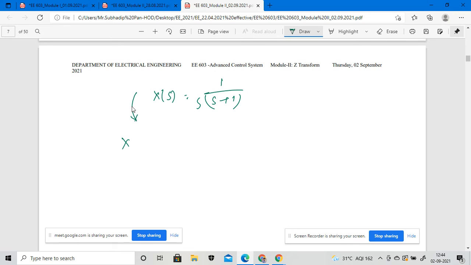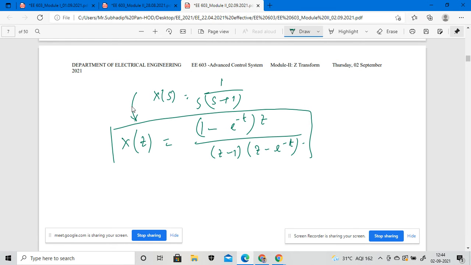After doing the z transformation, it will come 1 minus e to the power minus t into z divided by z minus 1 into z minus e to the power minus t. Okay, so this will be another example.